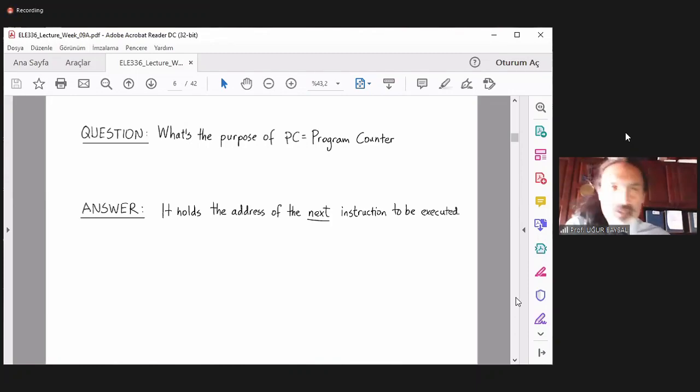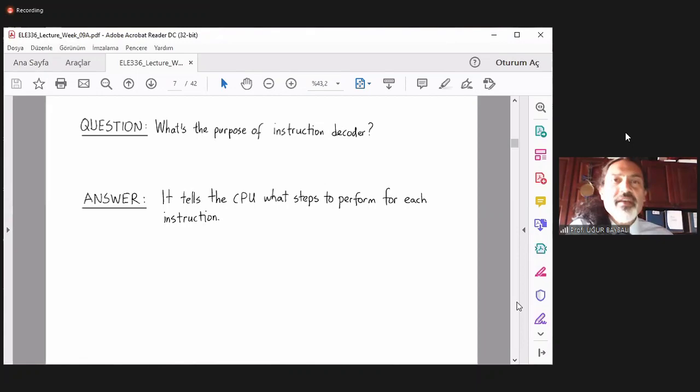So the definition of PC, program counter, and a brief explanation of its usage is given here. It stores the address of the next instruction of the program or the code. There's another chip required to decode or understand the information in any assembly code. You remember the mnemonics in assembly code, three or four letter short forms of the commands.